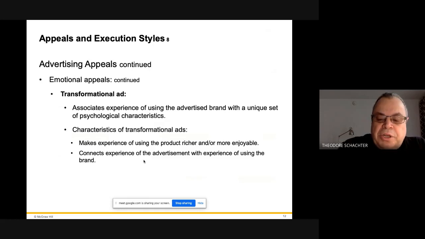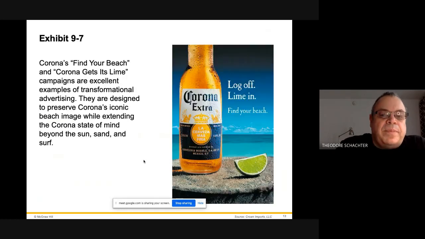Now, the transformational ad is this Corona ad. And this Corona ad is transformational because it doesn't give you any logical reason, but at the same time, it associates itself with the beach. All Corona ads in some ways have the beach. And we associate these positive feelings of relaxing at the beach, the sun, the warmth, the vacation, the detoxing from our everyday. And all these get transferred into Corona.